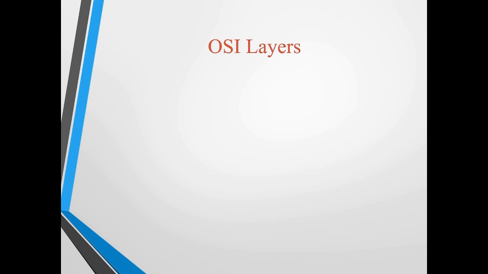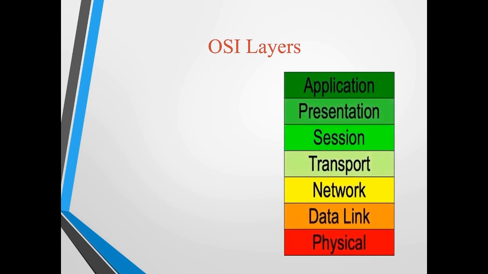Now, to better understand networking devices, we must know the number of layers that work on a computer network. Within the computer network, we have 7 layers, and this is known as the OSI model.